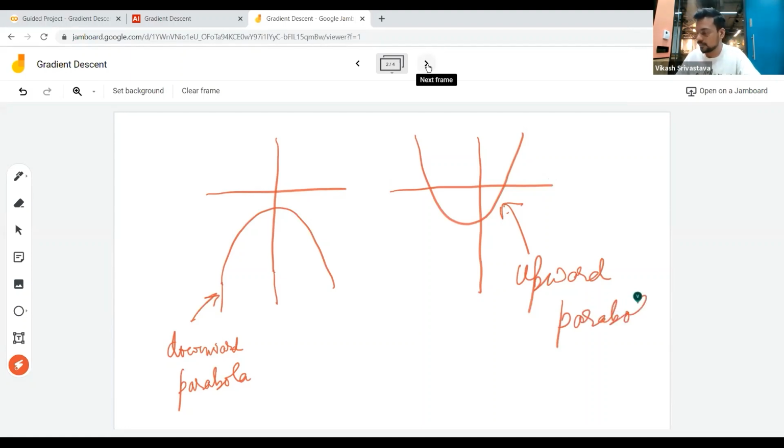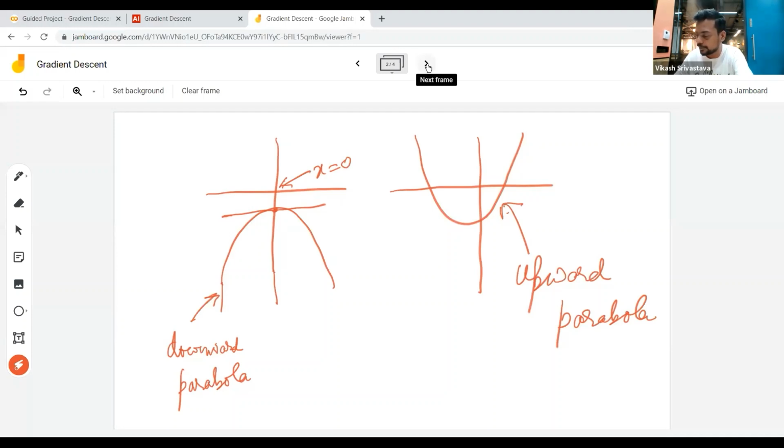Okay, can you guys tell me one thing? So for this downward parabola, for any x we'll have this maximum value for a particular x. So in this case, let's assume this x is equal to 0, for which we are getting the maximum of this function.